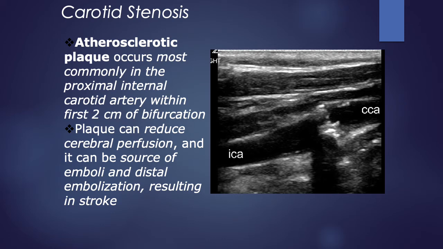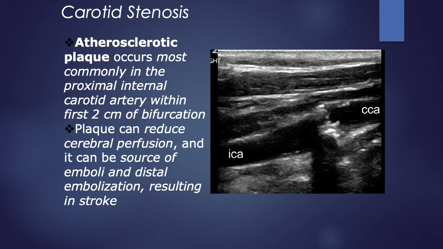Atherosclerotic disease of the carotid artery occurs most commonly in the proximal internal carotid artery, within the first 2 centimeters of the bifurcation. Plaque can reduce cerebral perfusion and can be a source of emboli.